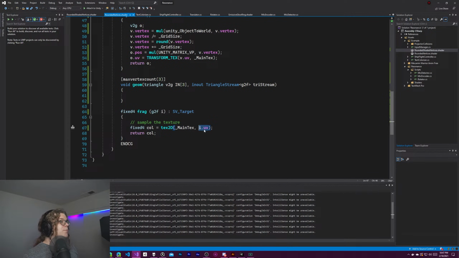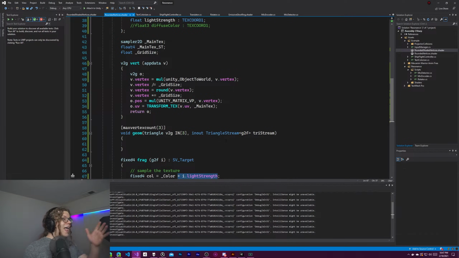And so the input here is just going to be color equals our, I believe we have a color here, and I'm just going to multiply that by I times light strength. And that should be our color. So this way we can tint our object whatever we want. We can make a red thing, and it should still be shaded because it will be multiplied by the light strength. That's effectively how we're going to do this.